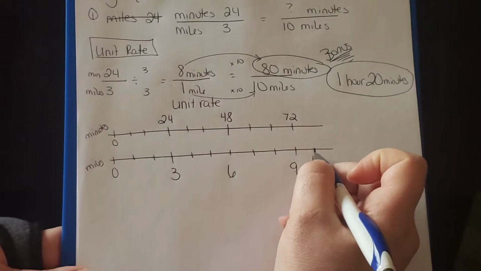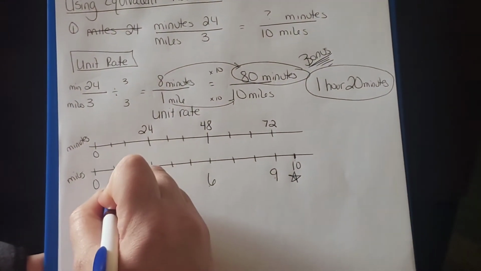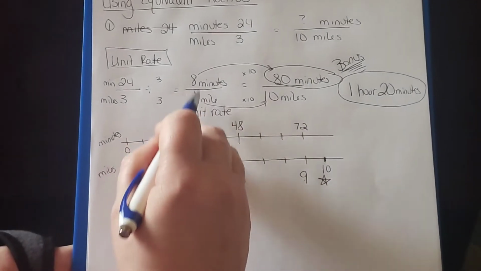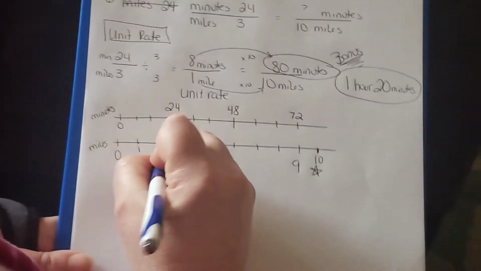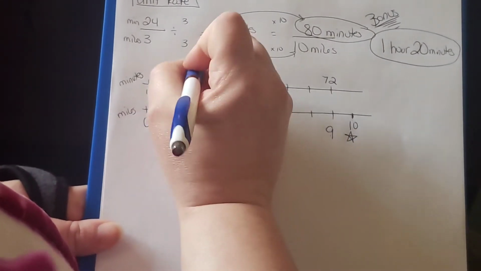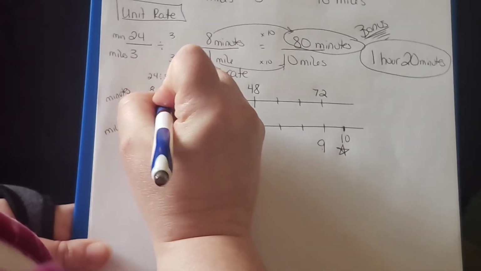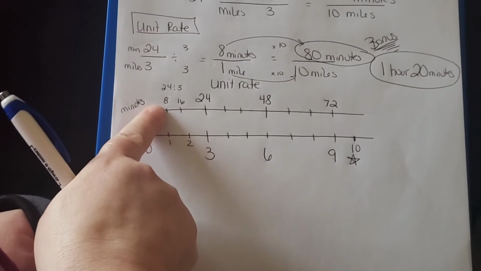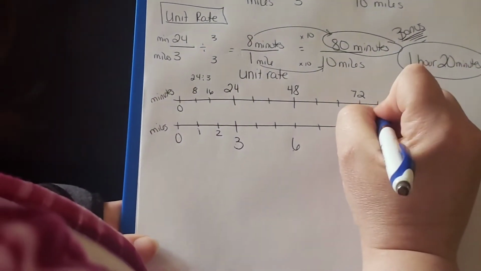However, I don't know how much to get to 10. So I would have still needed to kind of figure out that unit rate. So it takes 1, 2, 3. If I take 24 and divide by 3, I would have realized we were increasing by 8 for every mile.